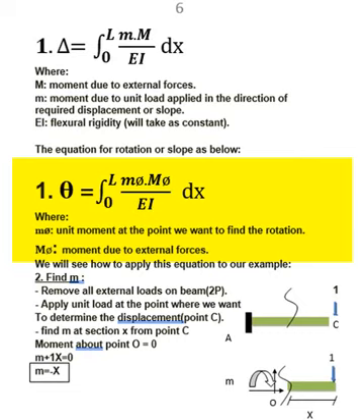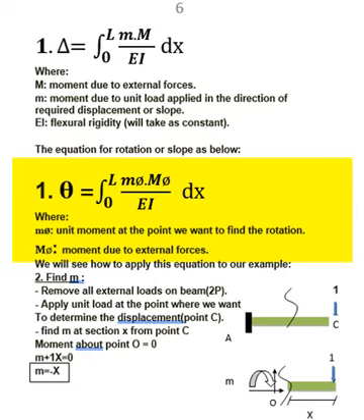The second equation is for rotation or slope as below. 1 times theta, for the slope, is equal to the integration from 0 to L of m small theta, the unit moment at the point where we want to find the rotation.